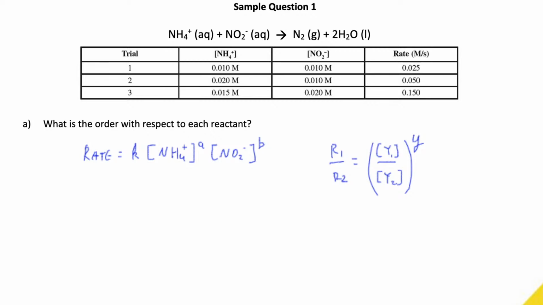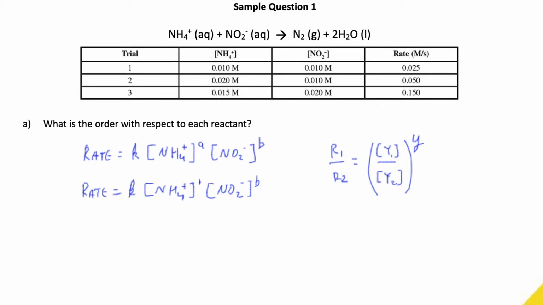Okay, so now I can rewrite my rate law as K times the concentration of ammonium to the first power. Sometimes, depending on how much time I have, I will take the time to write 1, especially if I'm rushing. Why? Because then I know I haven't forgotten it. It is actually written down and it happens to be 1. And this is the one I need to look at.